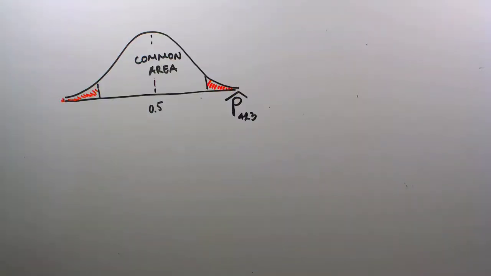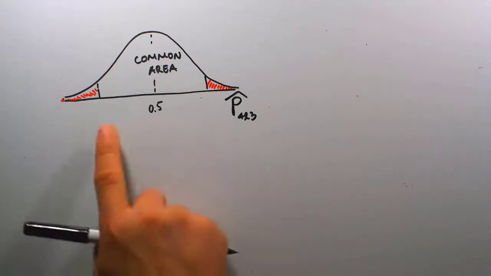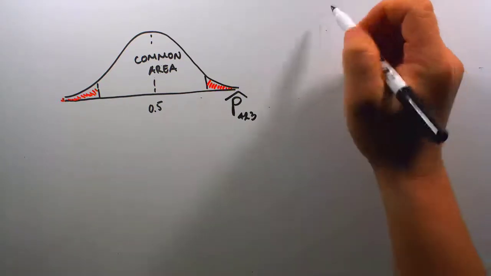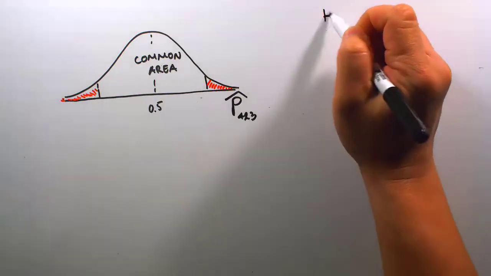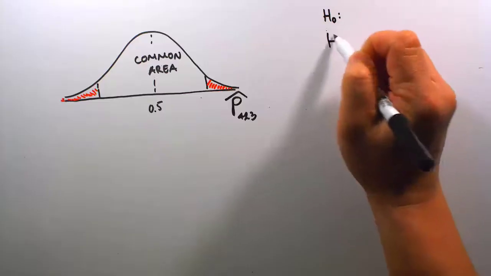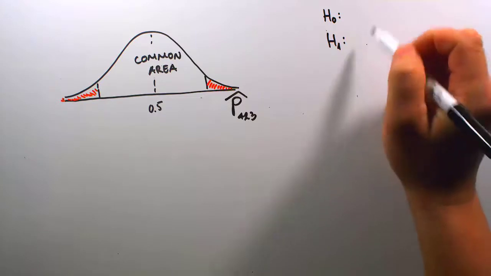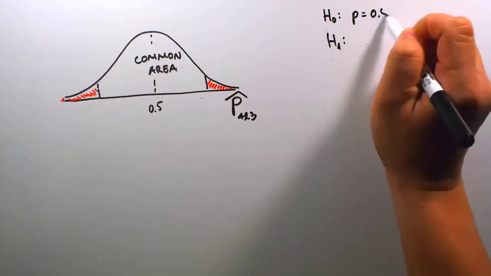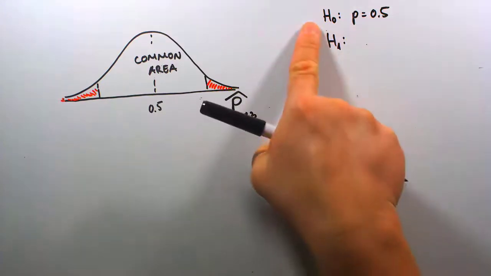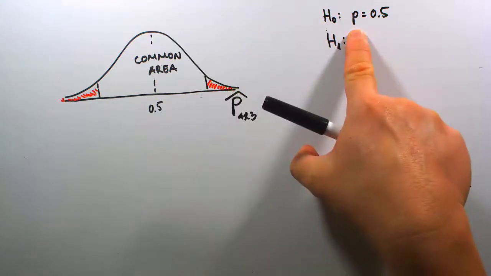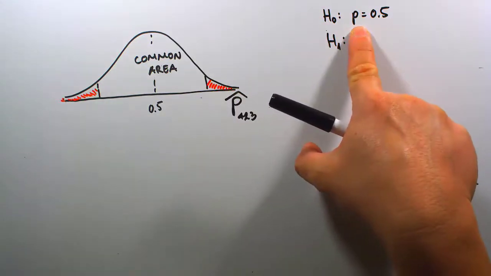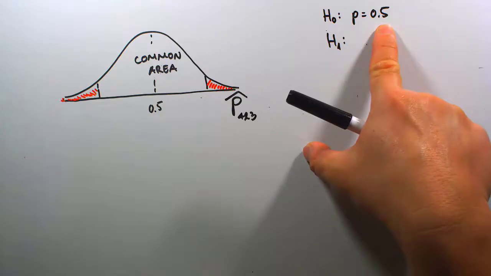Now that I have explained what it means to be a two-tailed test, to make it easy for anyone starting into hypothesis testing, let's say in our particular problem we have our null hypothesis stating that P, the proportion of iPhone users, equals 0.5.